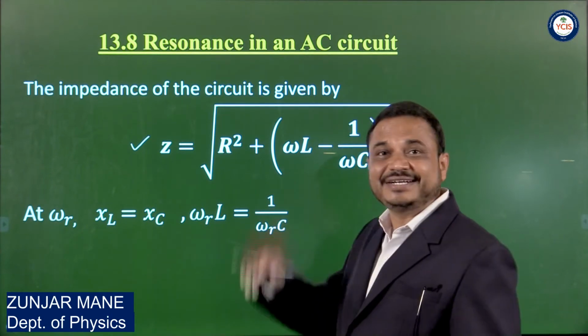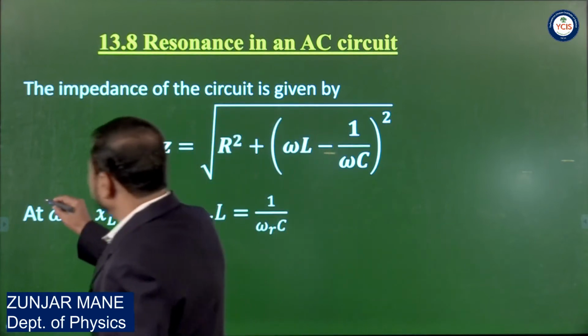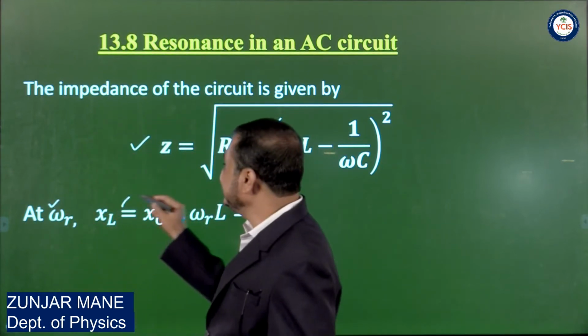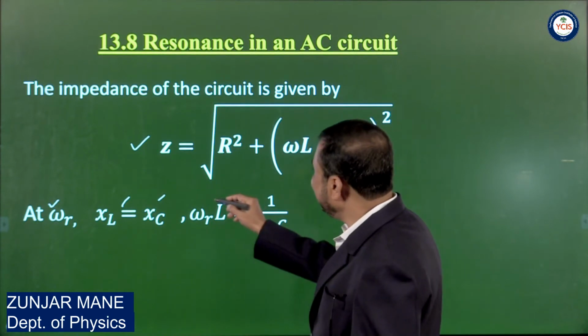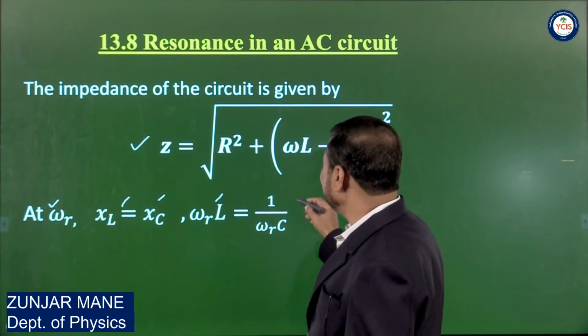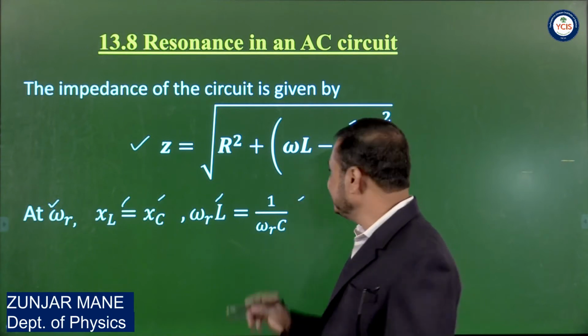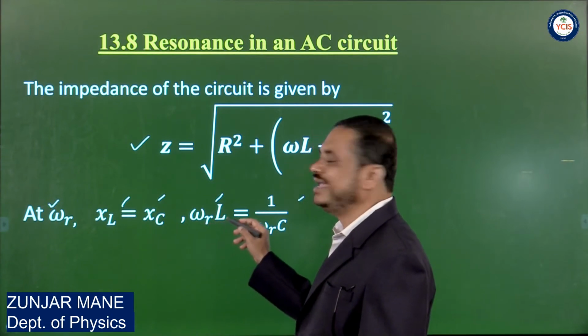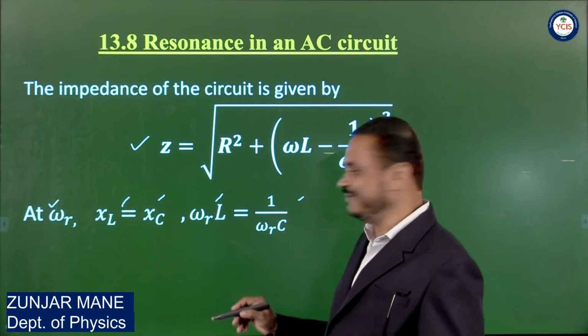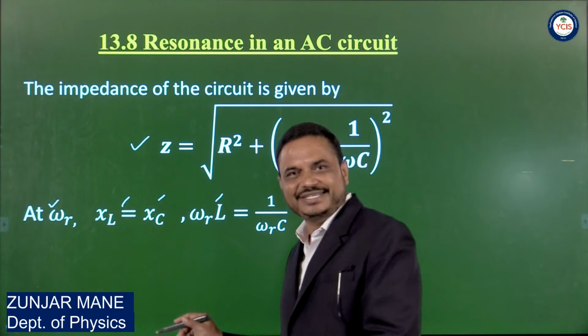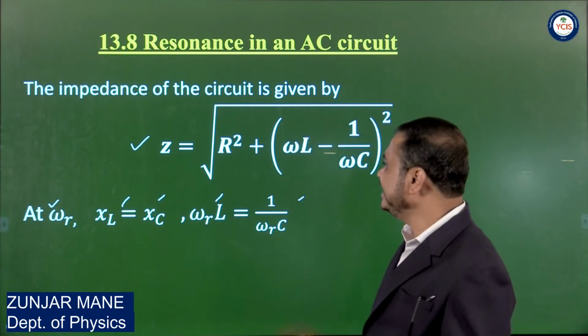So at a certain angular frequency omega R, suppose XL is equal to XC, then omega L equals 1 upon omega C. Suppose omega R L is equal to 1 upon omega R C, because XL is equal to XC, and we substitute the values of XL and XC.